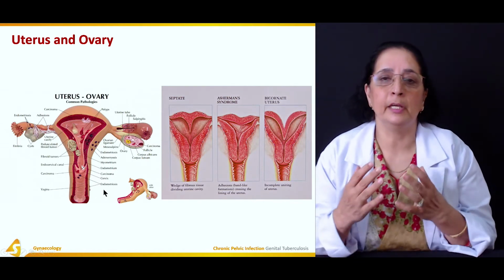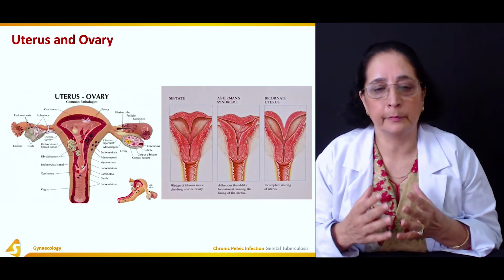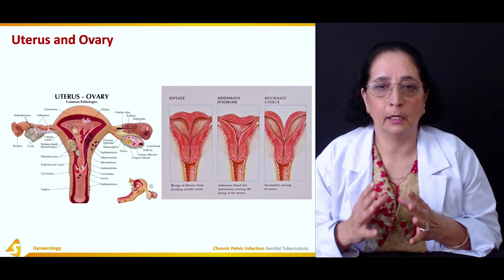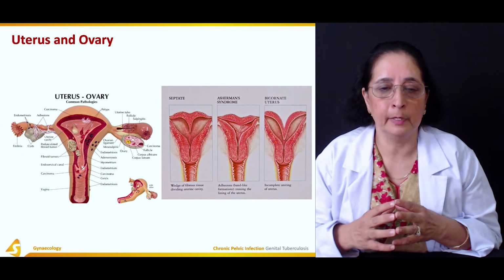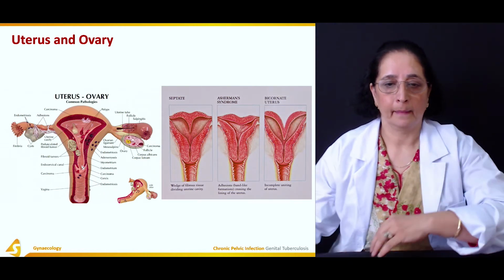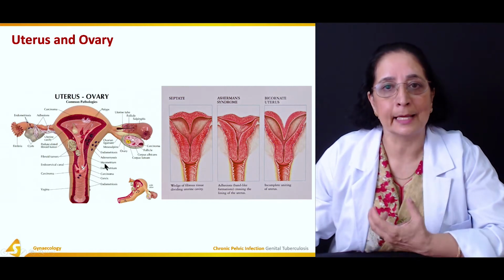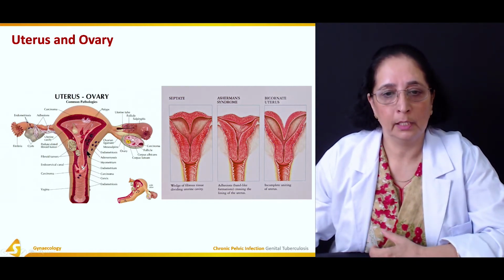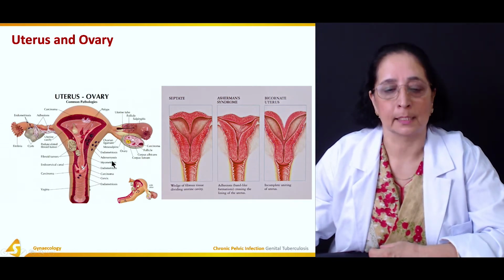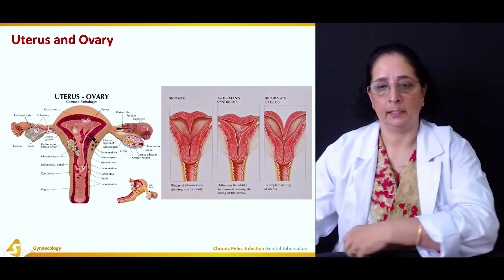These are very, very common pathologies present in the female reproductive system. Then adeno is the term used for glands. So adenomyosis, glandular growth in the muscle layer. Myo is for muscle, growth in the muscle layer.